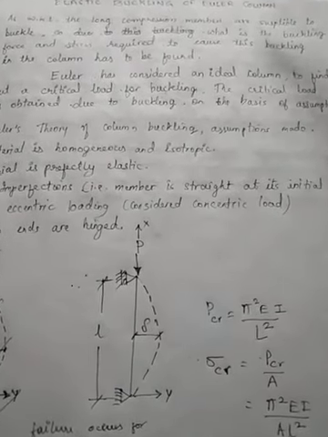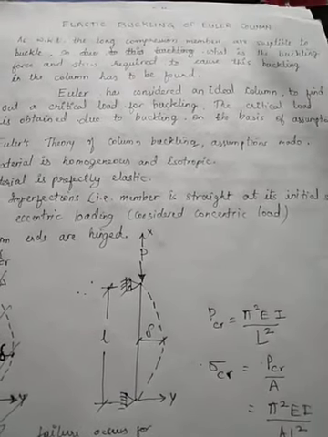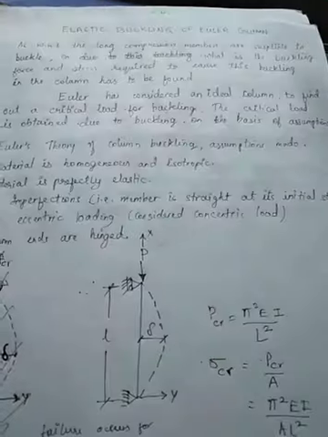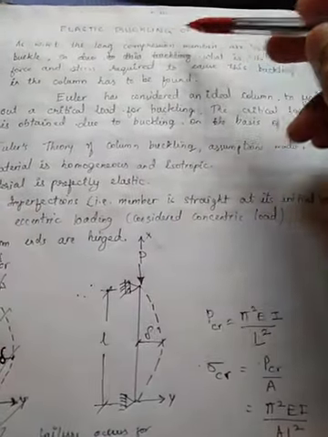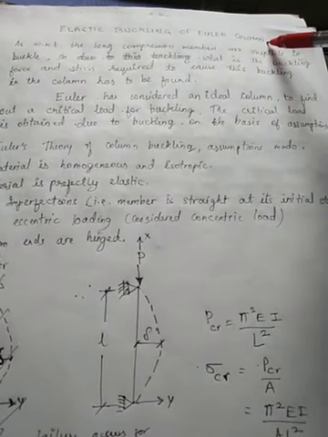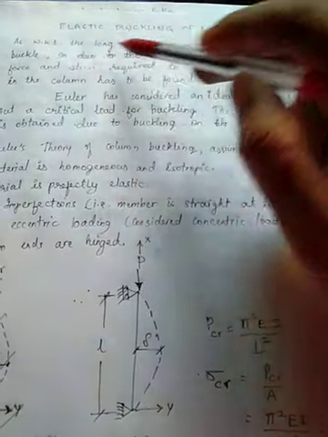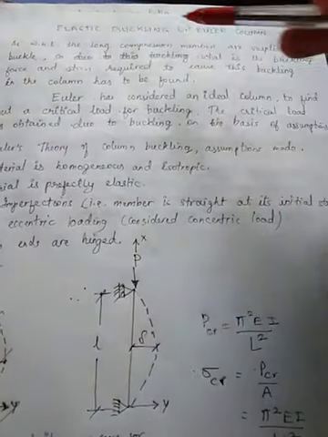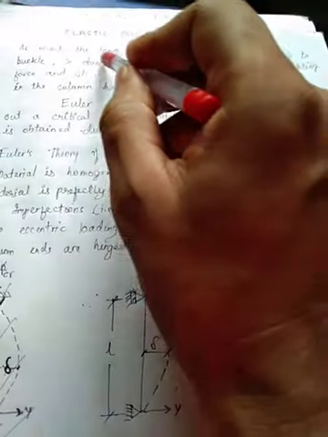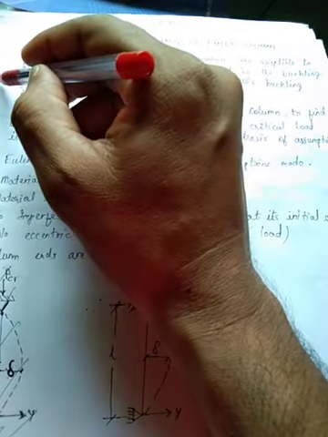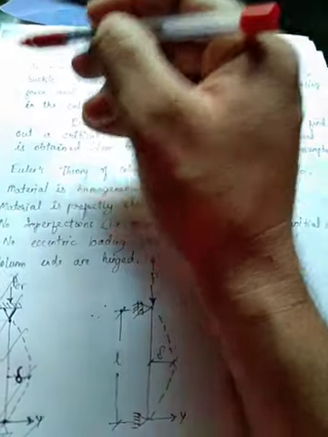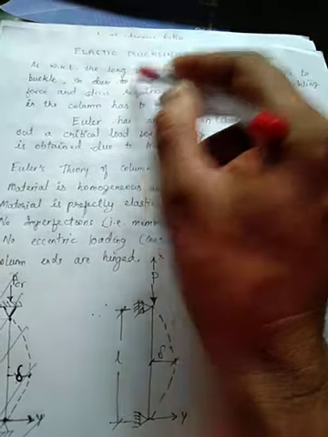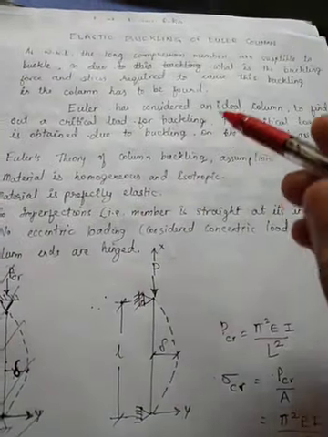Now let's look into the behavior of this compression member. For a long compression member, elastic buckling of Euler column. As we know, long compression members are susceptible to buckle. Short compression members will crush, and if we take long columns, they buckle.